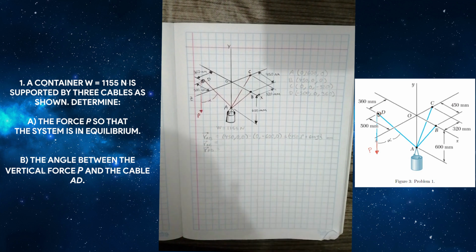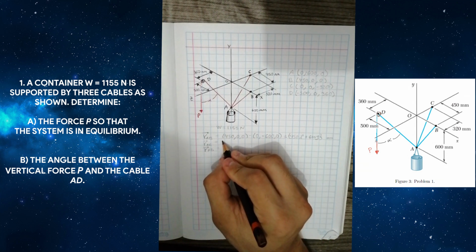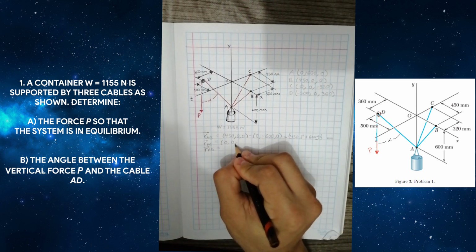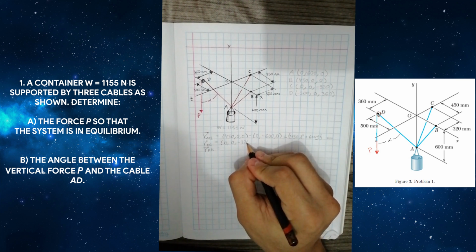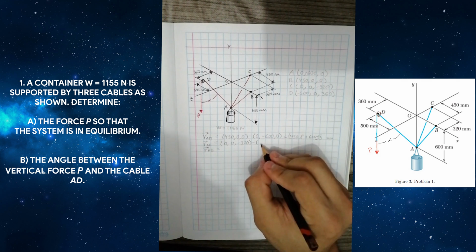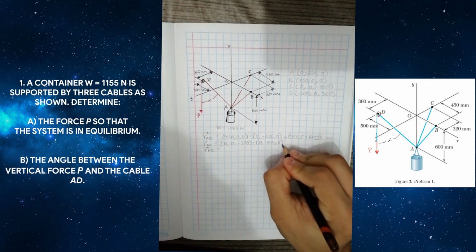In the following position vector, I'm going to subtract the coordinates of the point C, that is 0, 0, minus 320, minus 0, minus 600, 0.